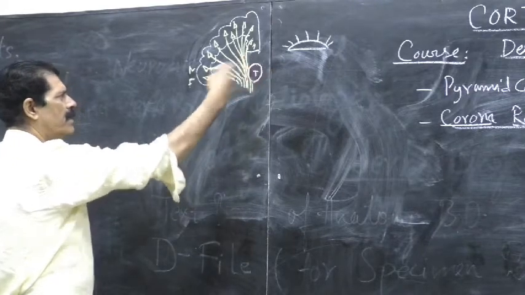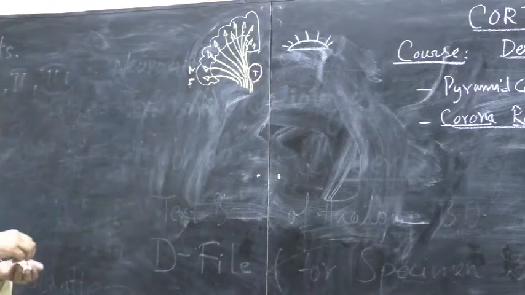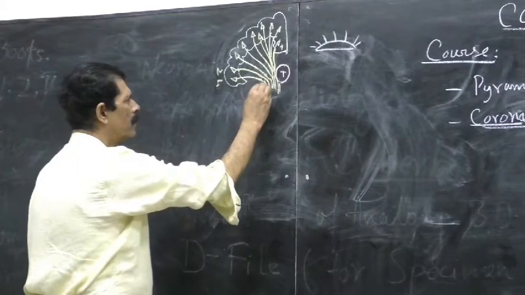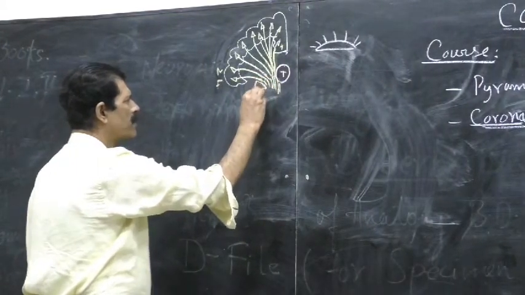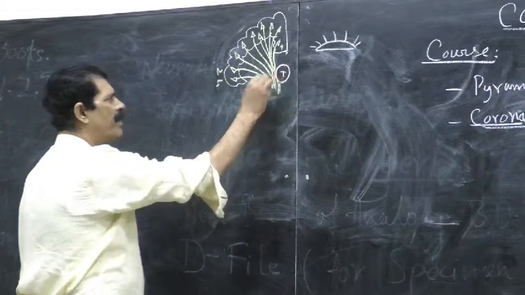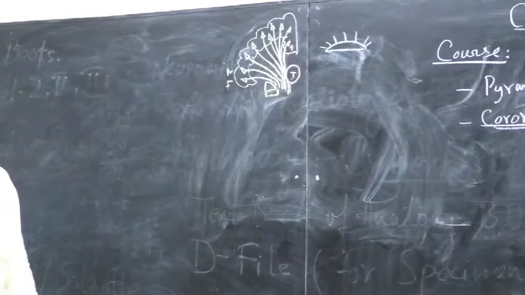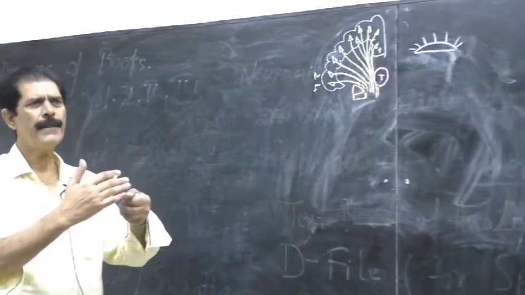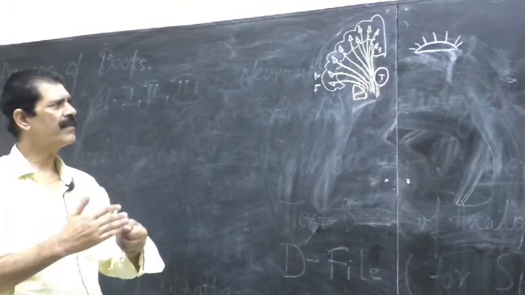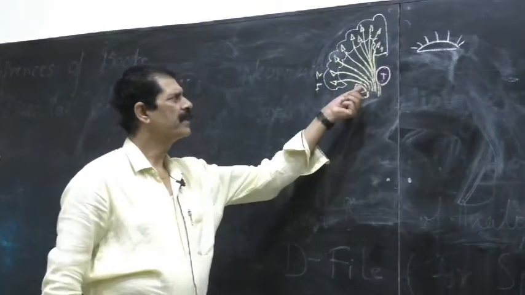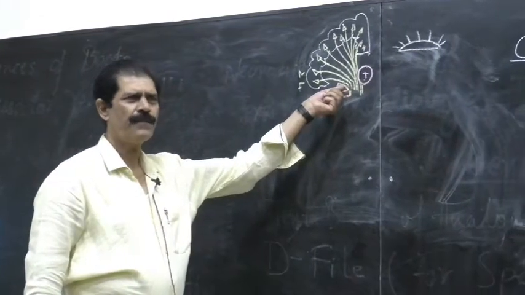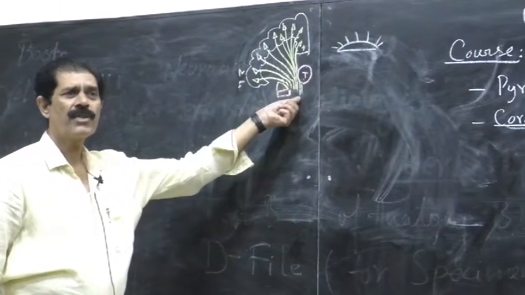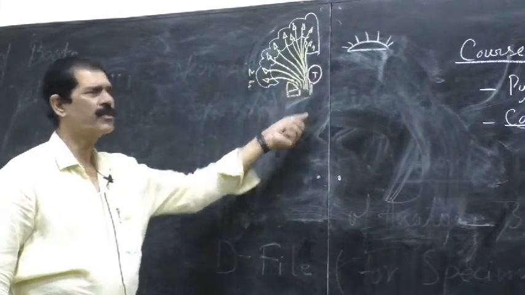So they are all arranged lateral to the thalamus and medial to the lentiform nucleus, because there is a gap between the thalamus and the lentiform nucleus through which these fibers are twisted at 90 degrees in such a way that the face is cranial in position and the lower limb and perineum are in the caudal or posterior position.